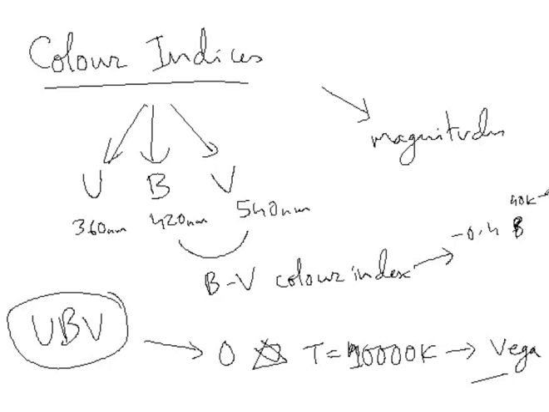Let me rephrase this in a separate graph. So as I was saying, the BV index ranges from, say, minus 0.4 for bluest stars.